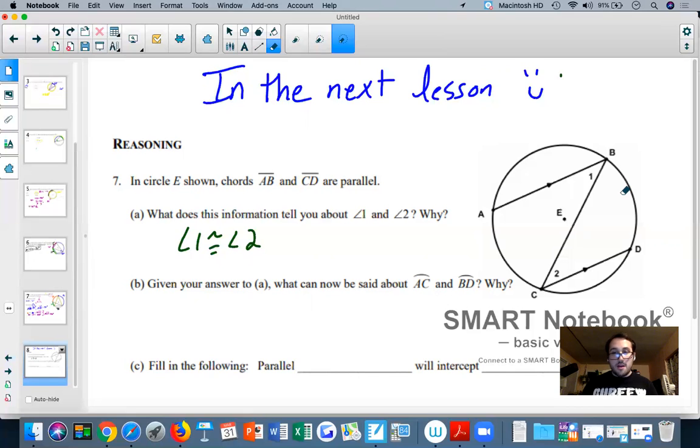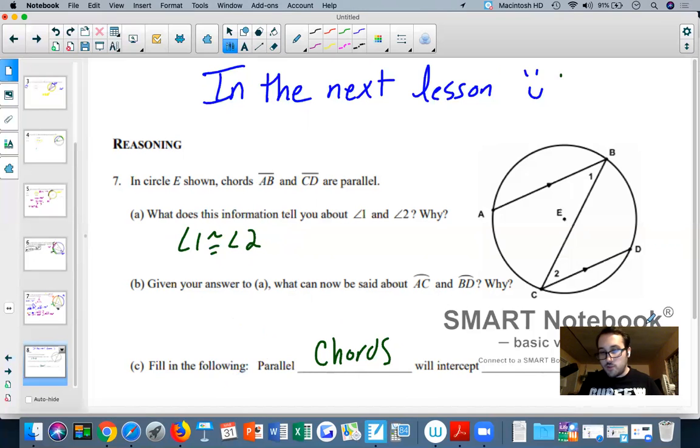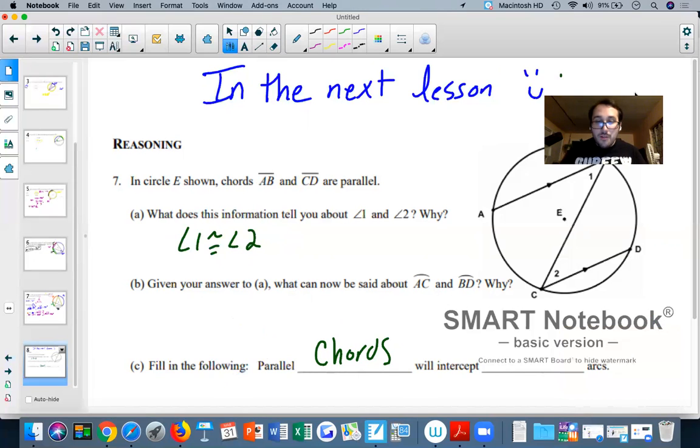What we can say now, and again, I know this is super fast, but that's the point, because Thursday, tomorrow, you're going to get a full lesson on this. Parallel chords, oh, you can't see it because my face is in the way. Whoop. Parallel chords will intercept congruent arcs.